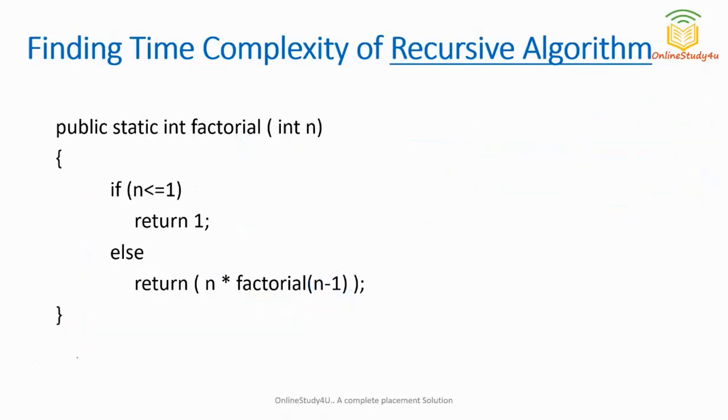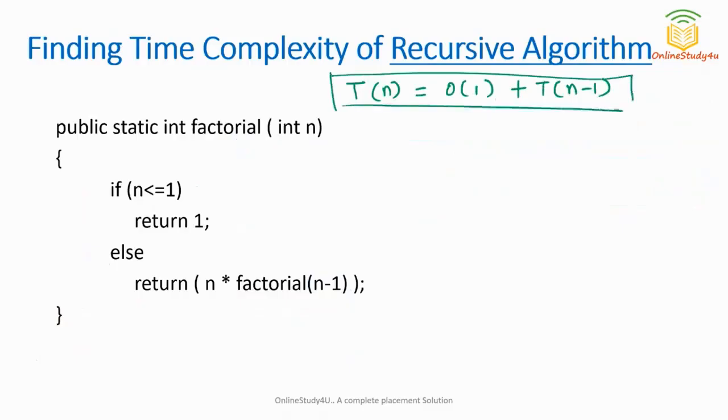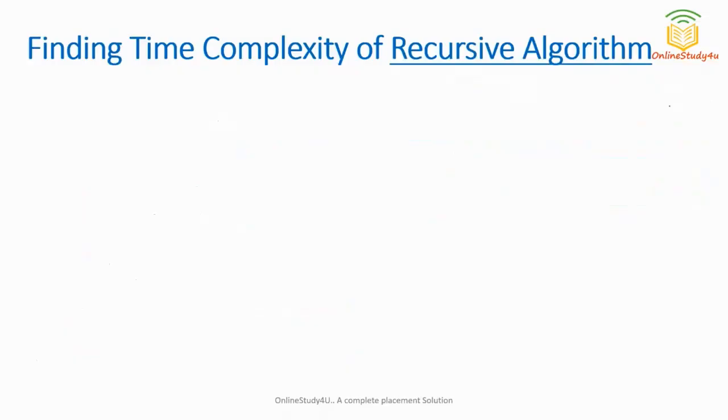Let me clear everything because I have to write a lot. I am going step by step, but when you have practice, you can do it in one step only. So T of n we have obtained is big O of 1 plus T of n minus 1. Let me find a blank page.